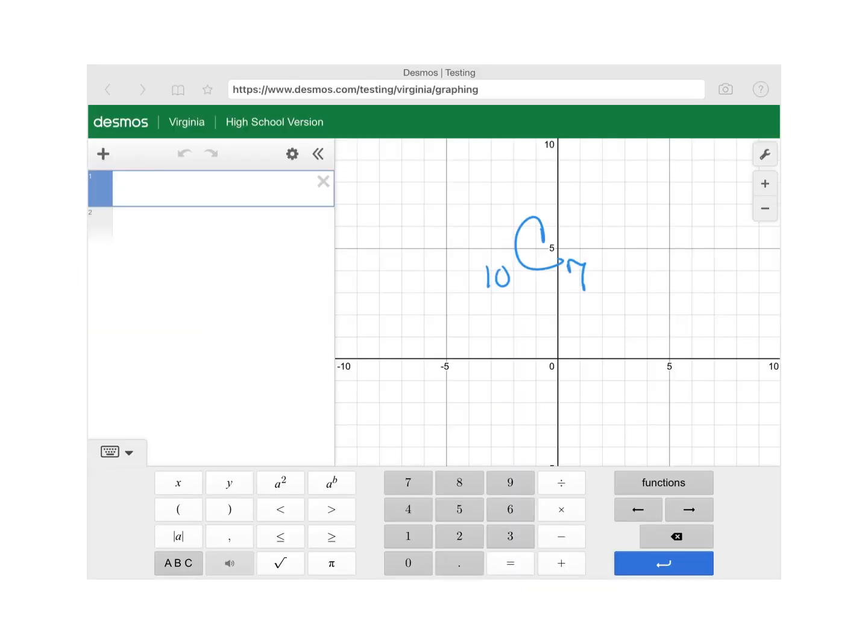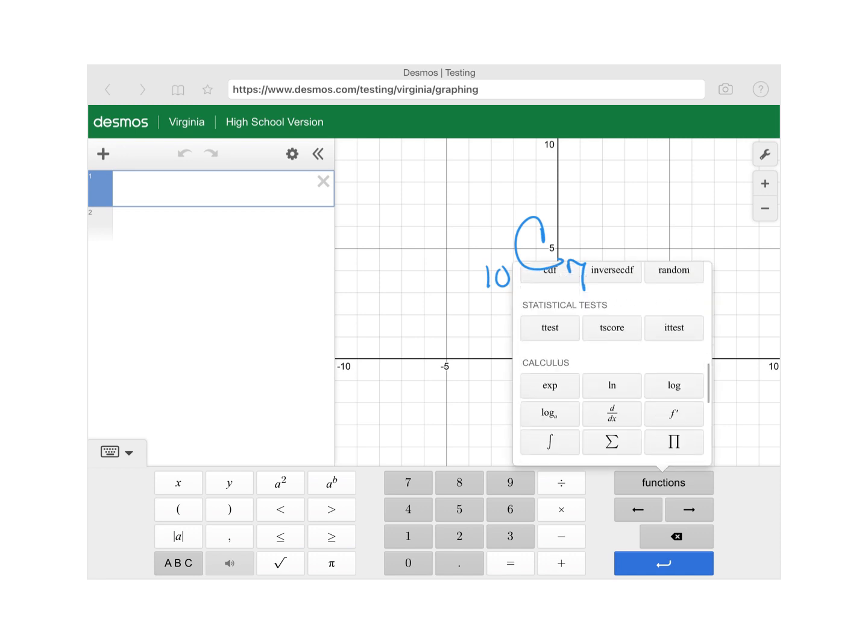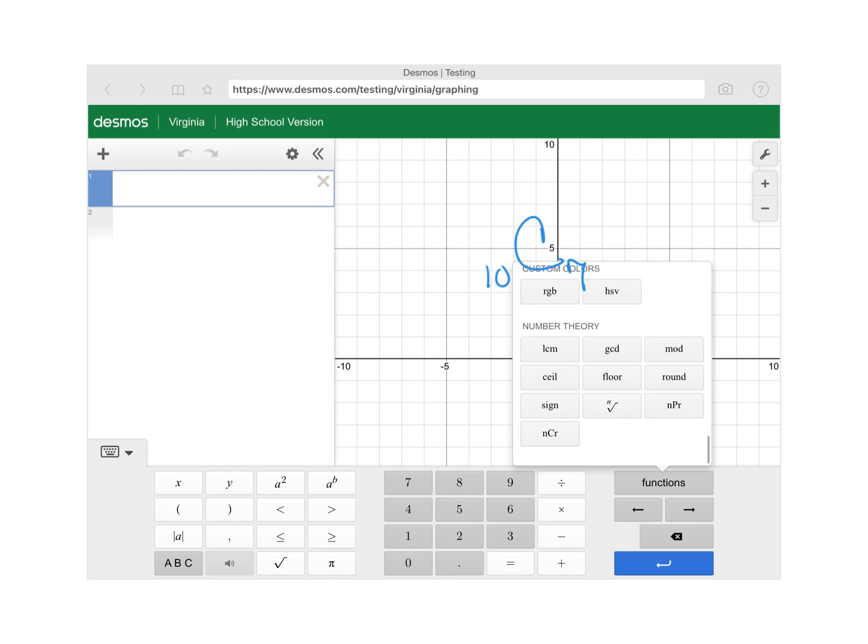All right, now we're going to do this problem on Desmos without using the formula. We have a combination of 10 items taking 7 at a time. We're again going to go to Functions, scroll all the way down to Number Theory, and we are going to choose nCr.